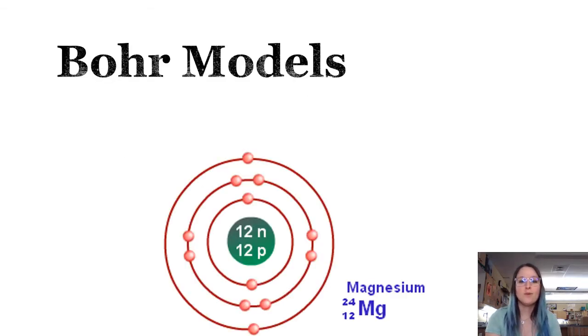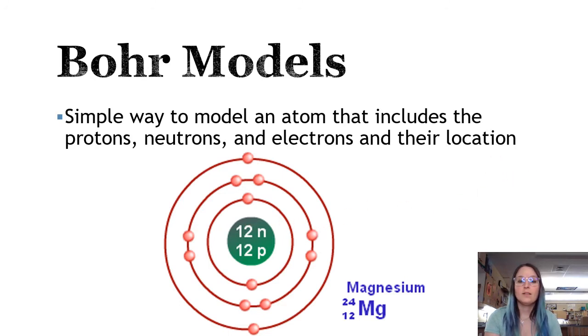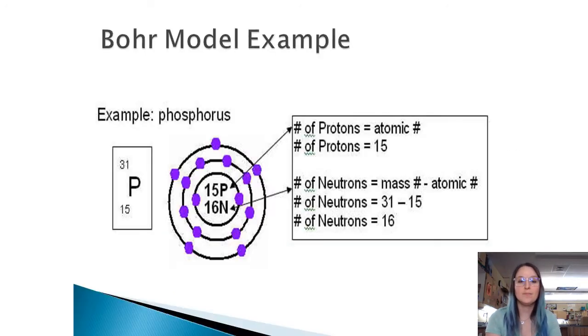All right, so if you remember Bohr models, we've got this center here that's showing us that we've got 12 neutrons and 12 protons. I want you to notice the electrons in the rings or the energy levels on the outside there. Okay, so a simple way to model an atom is to have our protons and neutrons in the nucleus and then our electrons around the outside. So again, we'll do an example with phosphorus here.